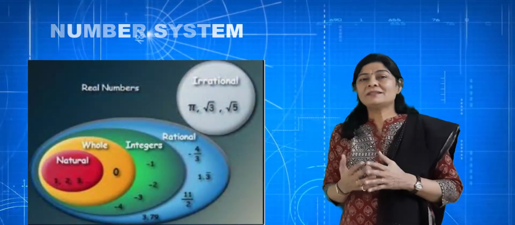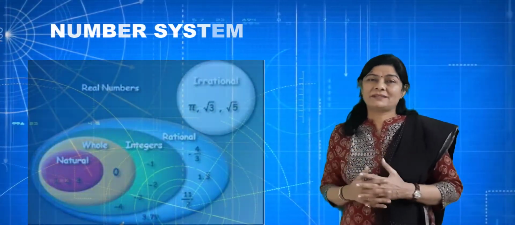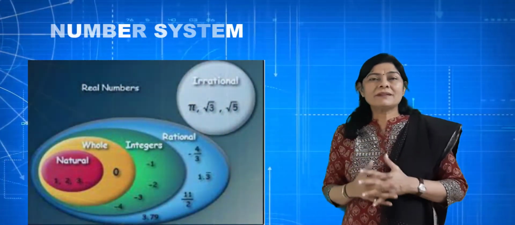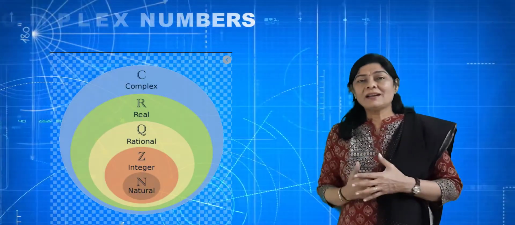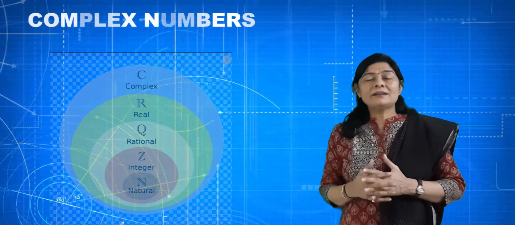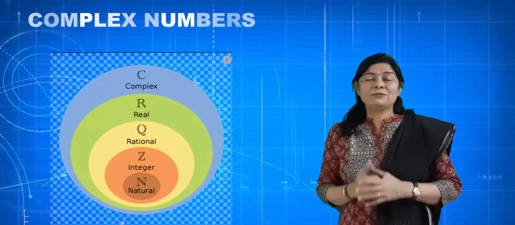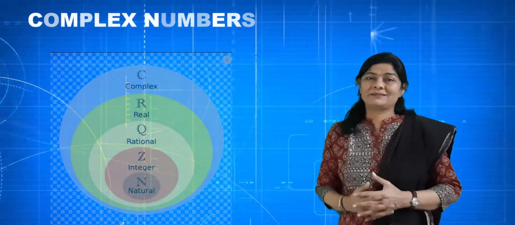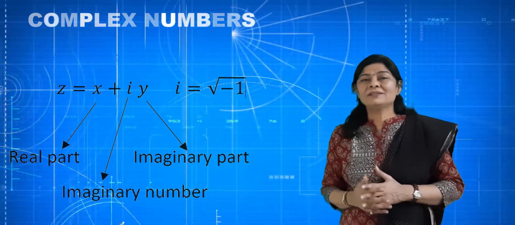But the real number system is not sufficient to solve all types of equations, such as x square plus 9 is equal to 0. So we require to introduce a new number system that is called C, the set of complex numbers, to solve all types of equations. So today we are going to learn about complex numbers.